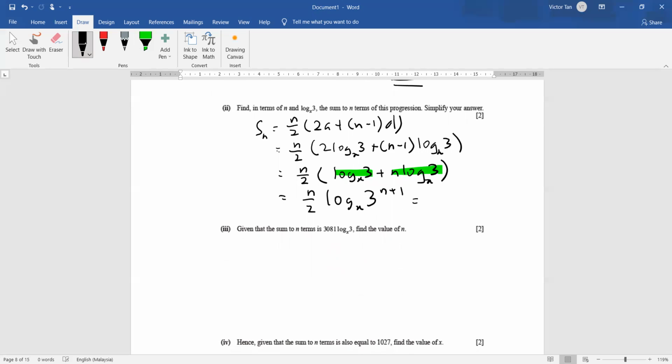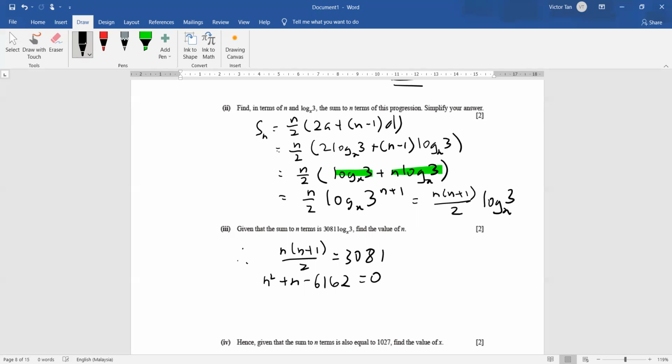So you can simplify further. You can bring the power down, so this will be n plus 1. So it becomes simpler. In this instance, therefore, n plus 1 over 2 equals 3081. So expanding, minus 6162 equals 0.